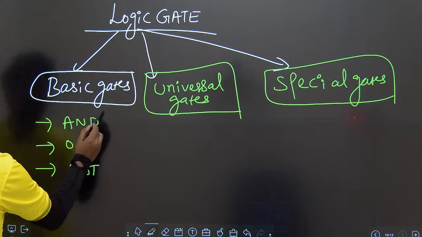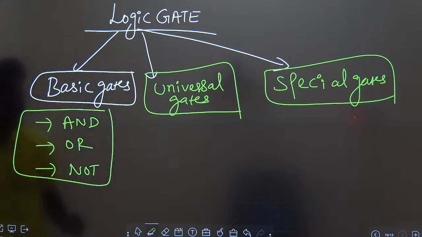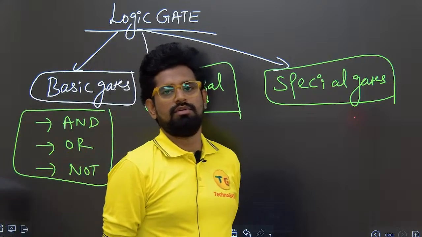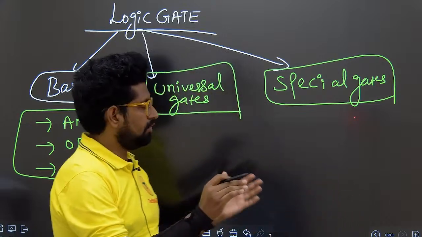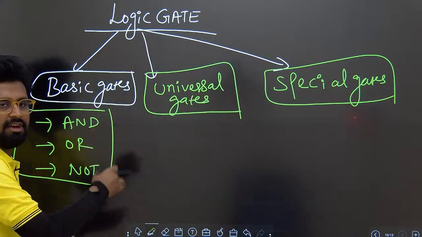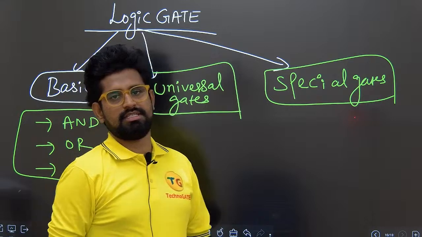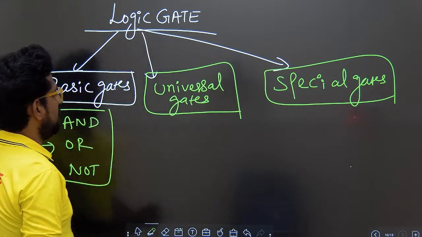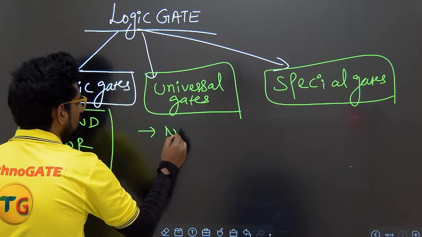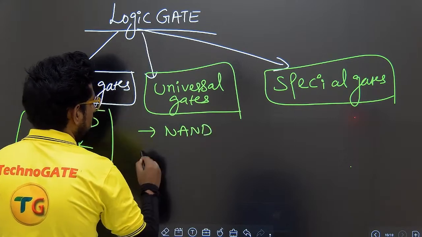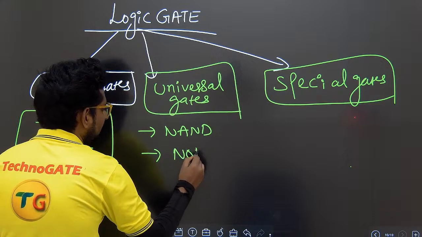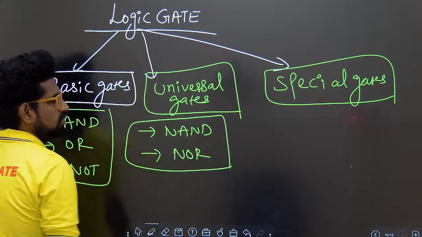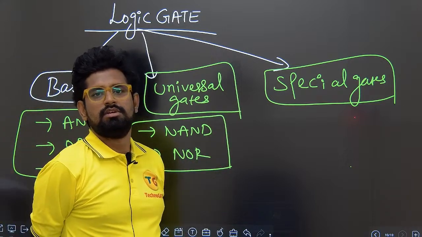I will tell you why these gates are called basic gates. First let you know the various classifications of gates. In the universal gates we have NAND gate and NOR gate. These two are the universal gates, and I will tell you why.